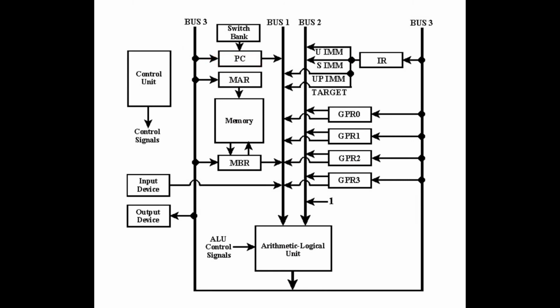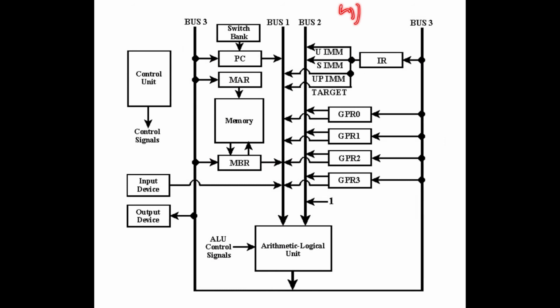So there's really 5 steps. 1 is to get the program counter into the memory address register. Then the second step will be to get the instruction into the memory buffer register. And while we're doing that, we might as well add 1 to the PC. Then the third step is to get the instruction from the memory buffer register into the instruction register.